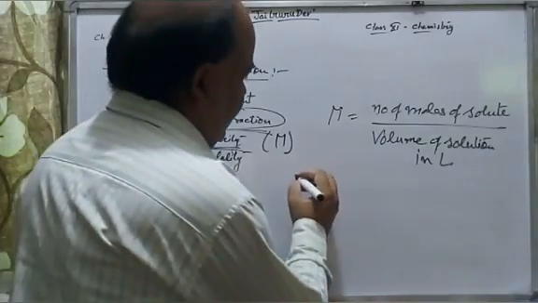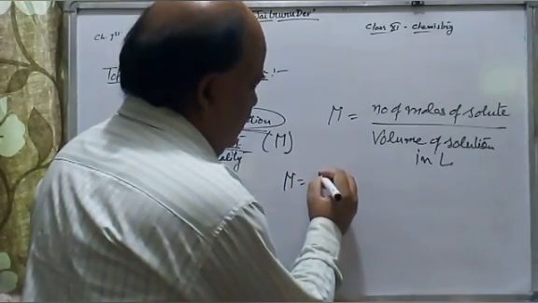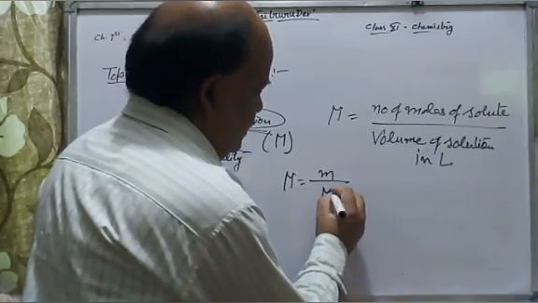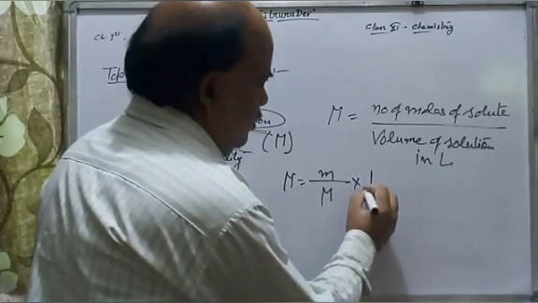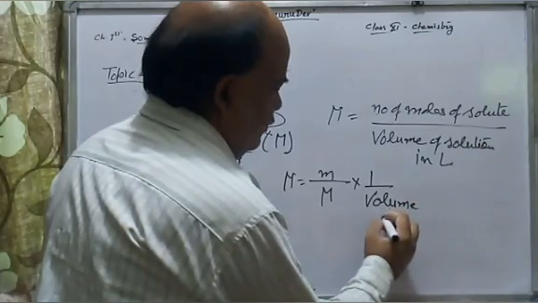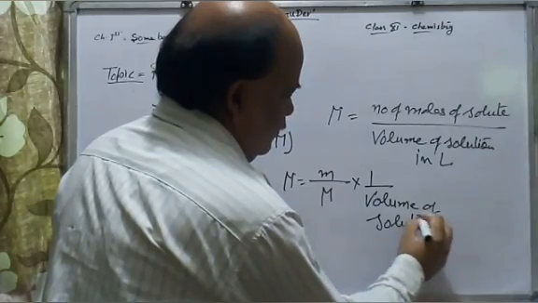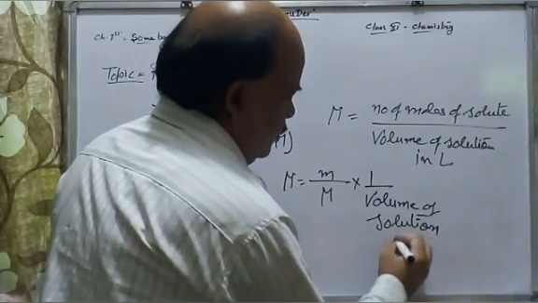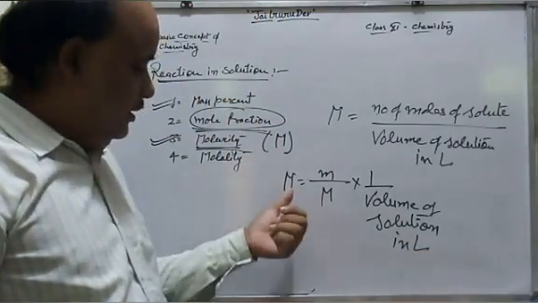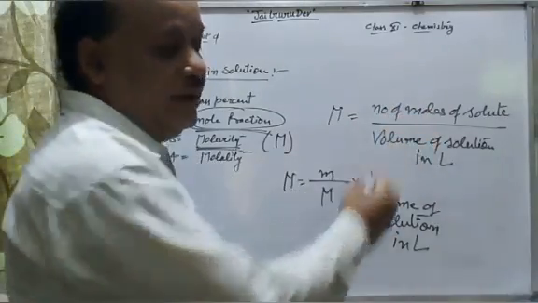So it can be written as molarity equals given mass of solute upon molar mass of the solute into 1 upon volume of solution in liter. Its SI unit is moles per liter.